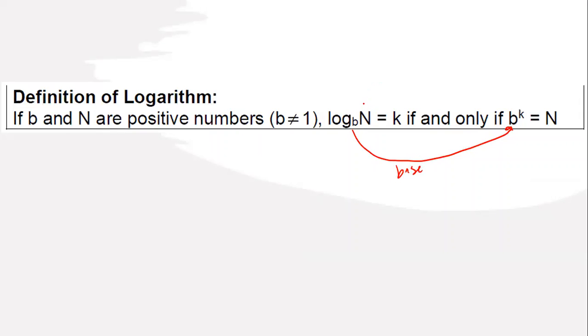Okay, this is your argument. N is called your argument. Your argument of your log is now going to become the answer, solution, result of your exponential. And the solution of your log is going to become the power of your exponent.